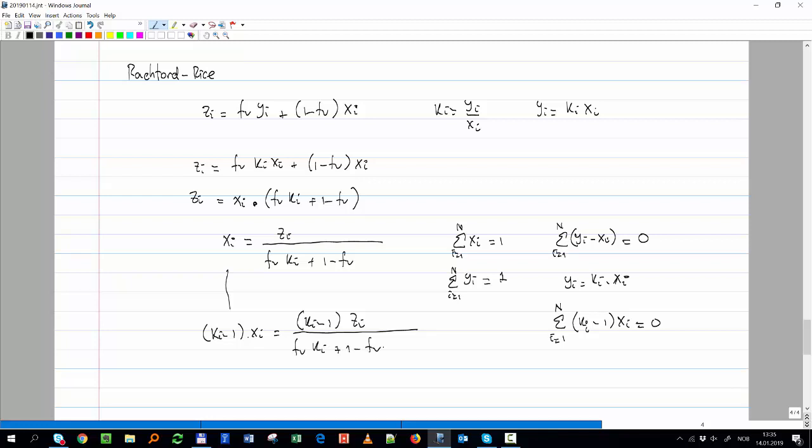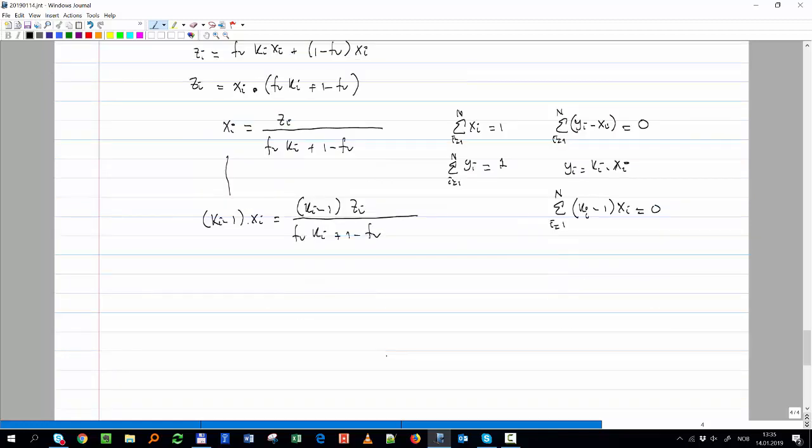Okay, and then I just sum all components. Then I just make the sum both sides. So then I say the sum of ki minus 1 xi from i equals 1 to n, that will be 0, right?